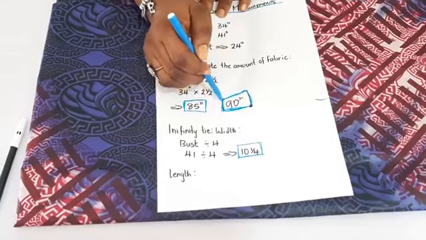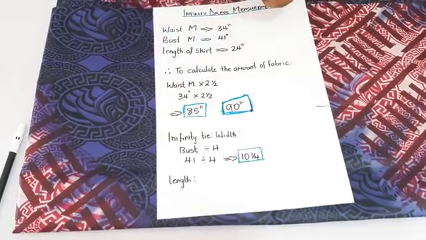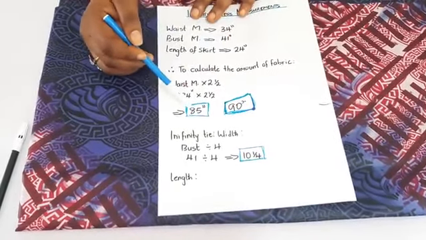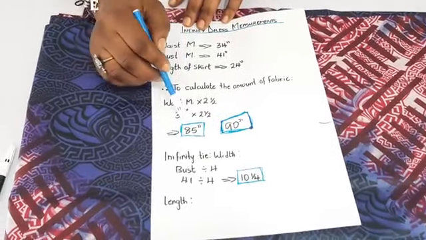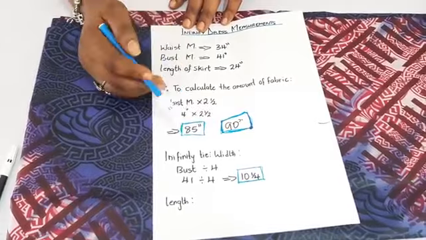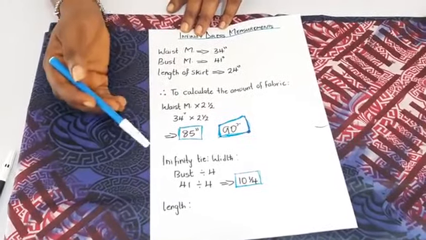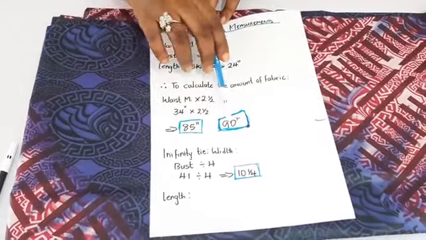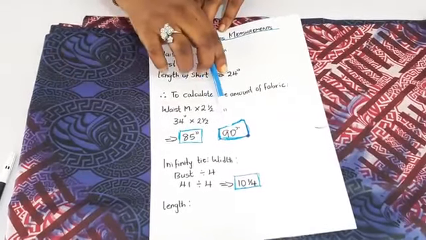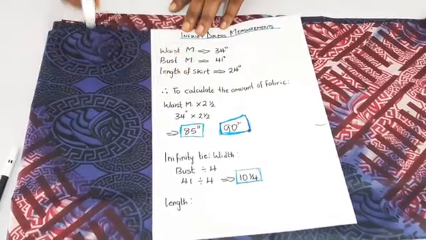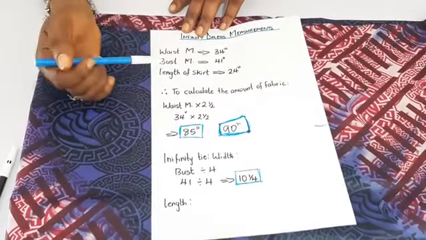I just quickly wrote the 90 inches because I will explain that now. This 85 inches is just a little less than 2.5 yards. 2.5 yards of fabric equals 90 inches. So instead of using less than, I'll just approximate it to 2.5 yards, meaning I'll be using 2.5 yards.